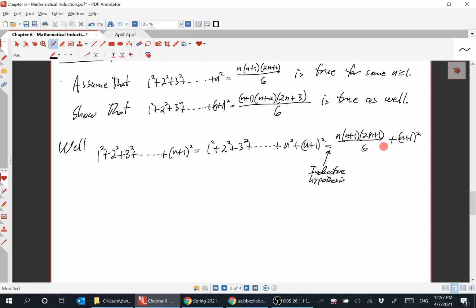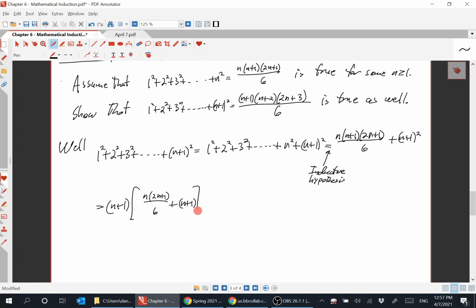All right, so now let's do some algebra here. Well, I have a common factor of n plus 1, so I'll factor that out. And now I'm left with n times 2n plus 1 over 6 plus n plus 1.